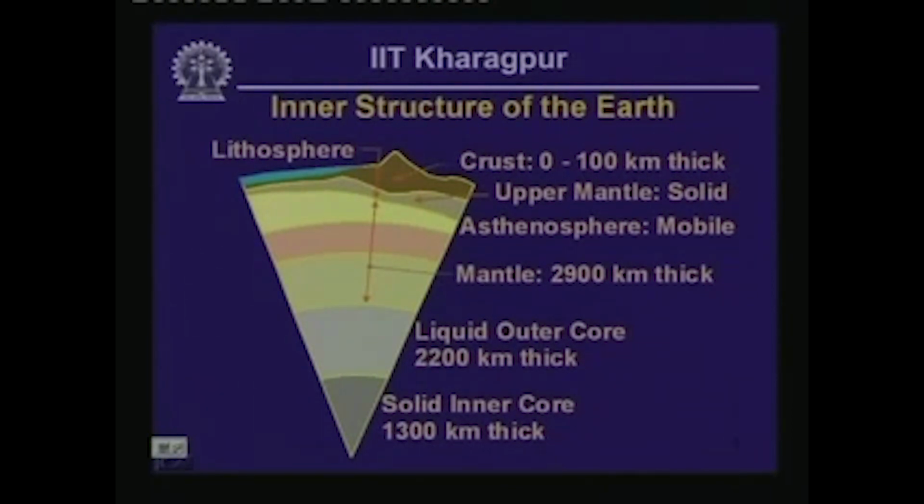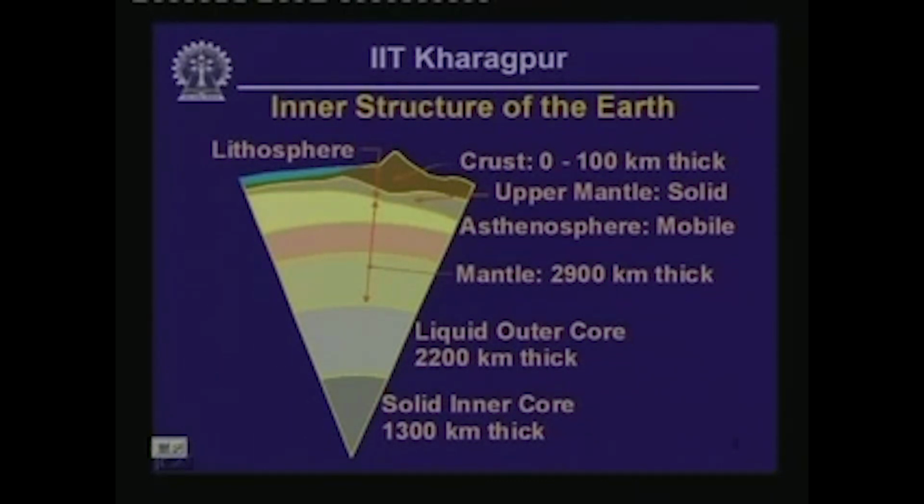Underneath the upper mantle is a shell called the asthenosphere, which is under elevated temperature and is relatively mobile. As a result, it is in a semi-liquid viscous form. Then underneath the asthenosphere you have the inner mantle, and then the liquid outer core, whose thickness is indicated on the sketch, and finally near the center of the earth, you have the solid inner core.